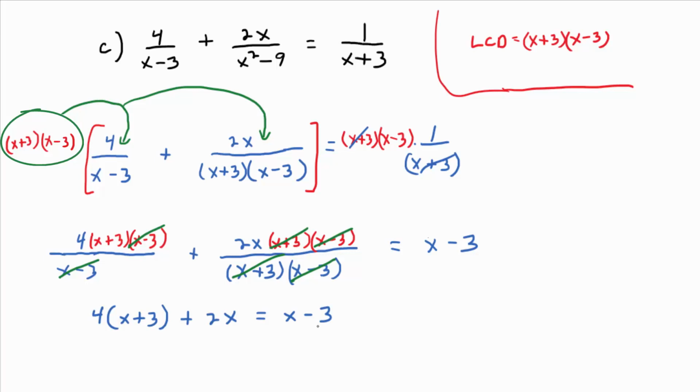I'm just confused on why you don't make them common denominators and add them together? Well, the goal is not to add the left side together. The goal is to clear the denominators.